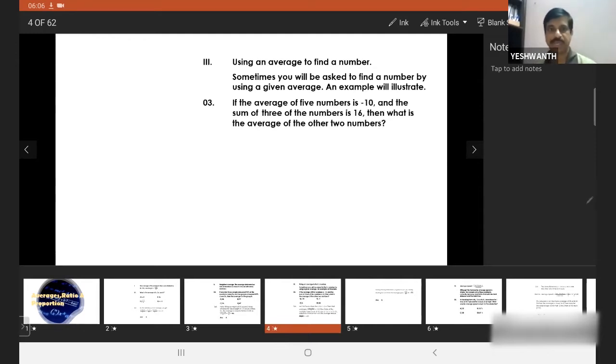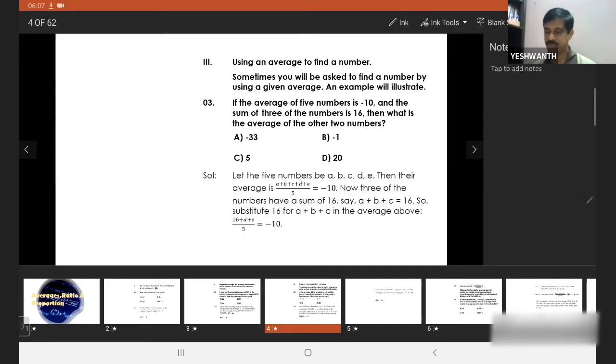If the average of five numbers is minus 10, and the sum of three numbers is 16, then what is the average of the other two? Let us take the total of all these five. The average of five numbers is minus 10, means A plus B plus C plus D plus E by 5 equals minus 10.